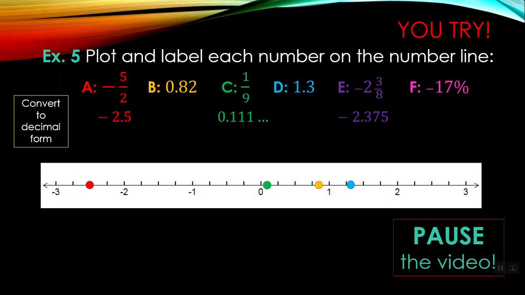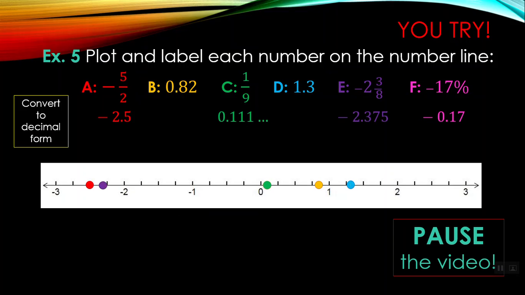Point E, I'm going to do my decimal approximation, -2.375. So I know that is farther to the left of -2.5. So that's actually less than -2.5. And so it's going to go to the left of the -2.5. And point F is -17% as a decimal approximation.